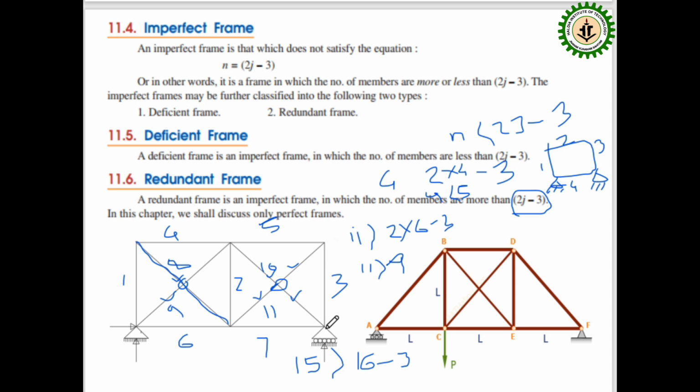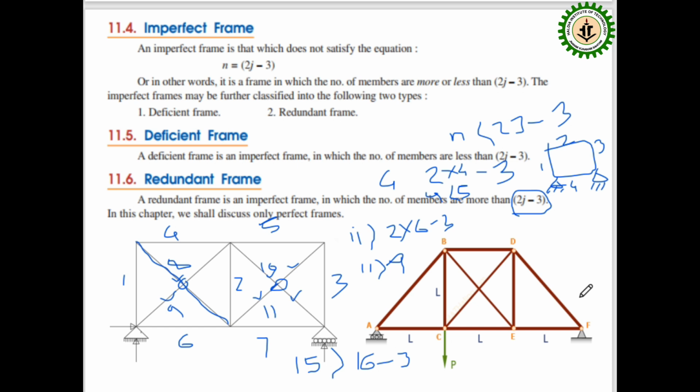For this support, the frame cannot be moved downward, and that's why it creates some resistive force. That's why this resistance or reaction force occurs. So the reaction force calculation is also an important part of analyzing this type of truss member.